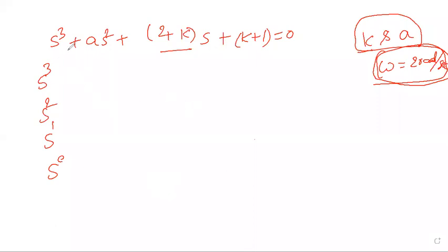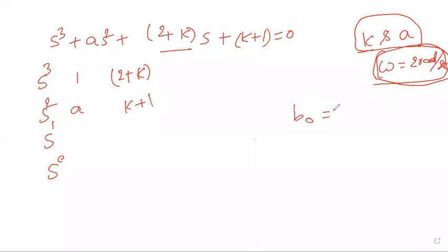So what is the first element? 1. What is the second element? k plus 2. What is the element here? a. What is the element here? k plus 1.